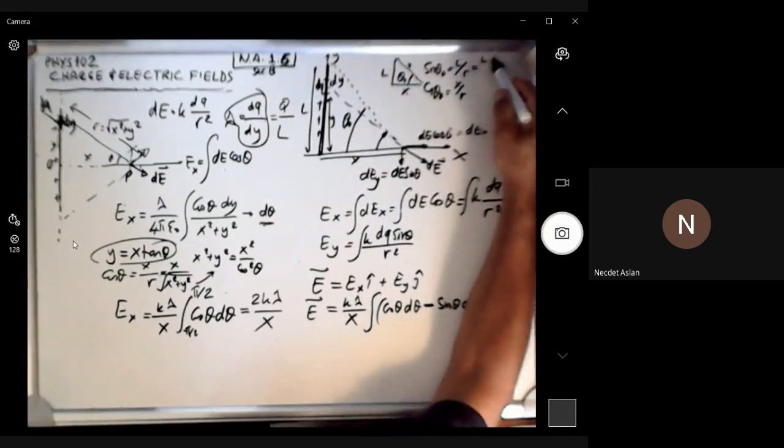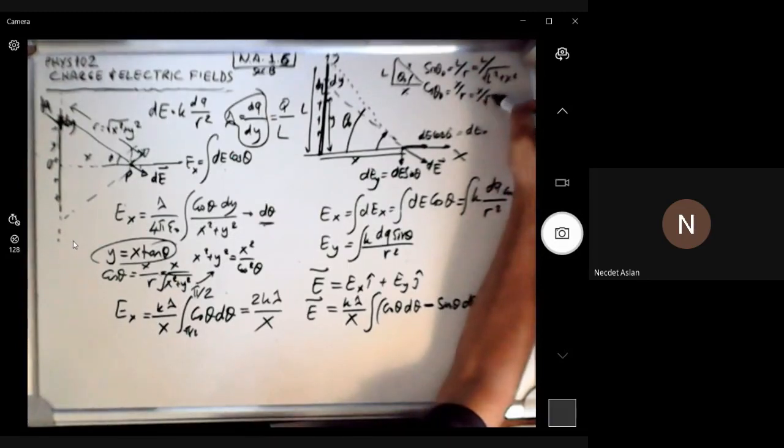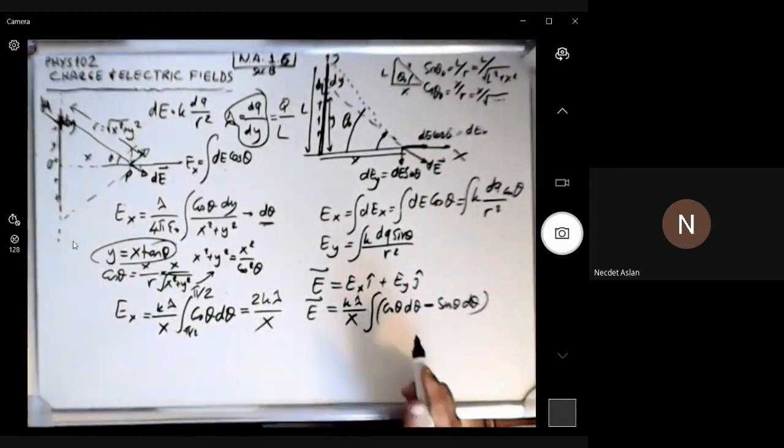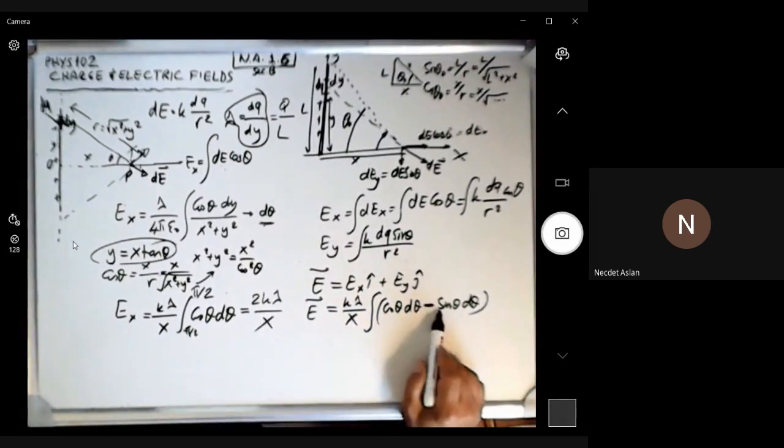So sine theta 0 is L over the square root of L squared plus x squared, and similarly cosine theta 0 is x over the same denominator.